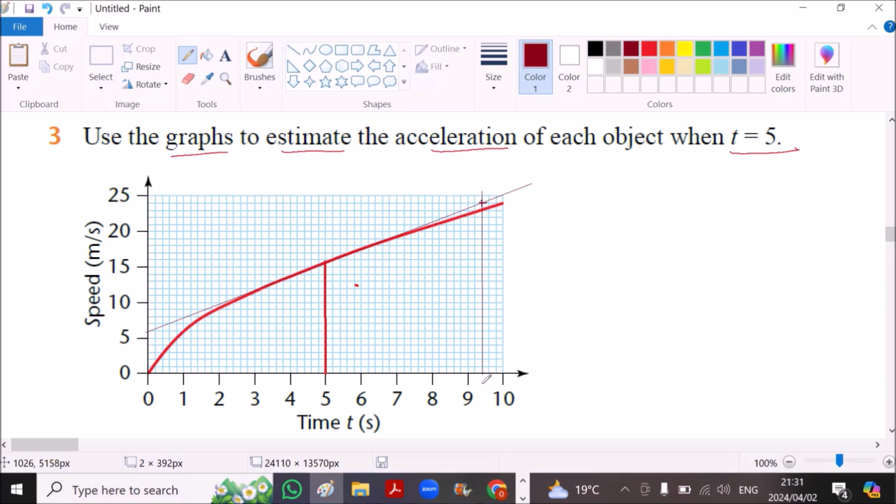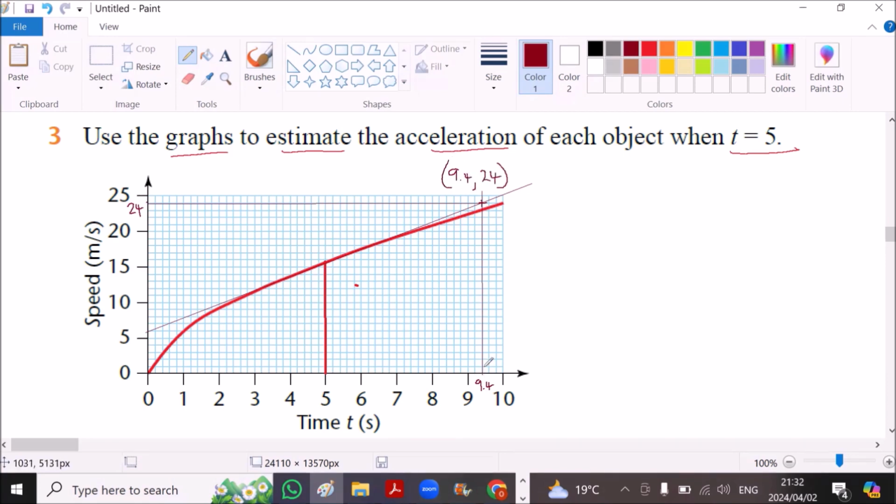So this point here is 9.4. And that y value, this is 20, 21, 22, 23, 24, 25. So here our y value is 24. So the coordinates of this point are 9.4, 24.